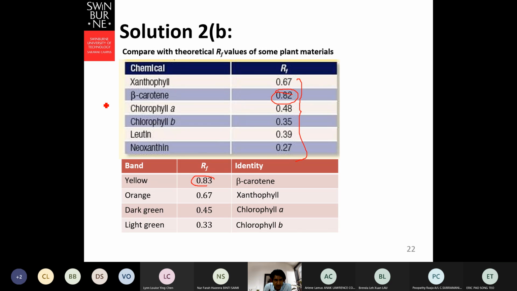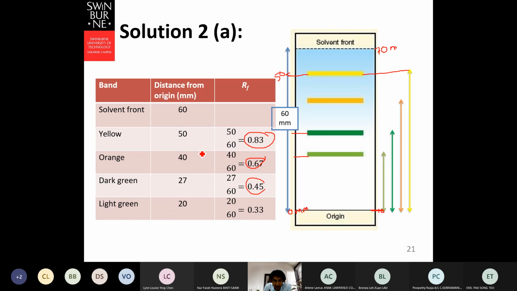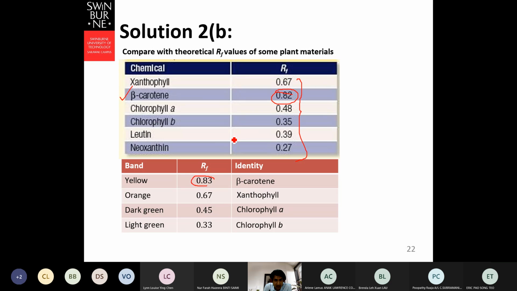So we understand that there is beta carotene in our sample. The next is 0.63 and 0.45. We don't have 0.63 here, but 0.67, so it's pretty close. So we can say that okay, it is xanthophyll here. Then in a similar way we go with chlorophyll A and chlorophyll B.